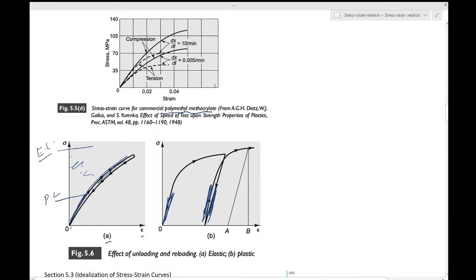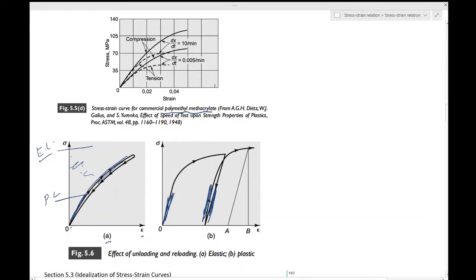This is normally what is observed, and it is convenient to think of the total strain OB under a given stress as being made up of an elastic part and a plastic part.